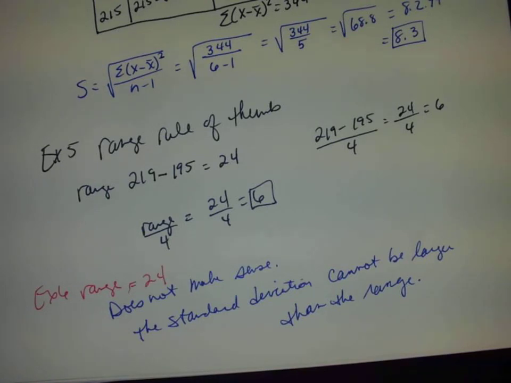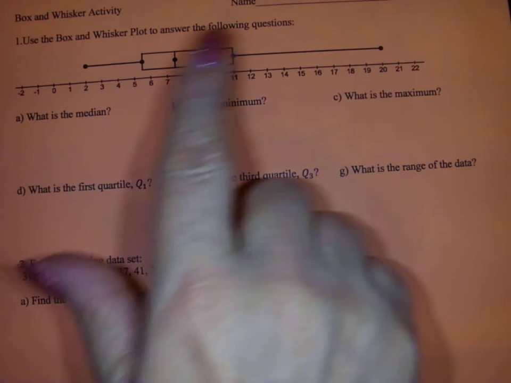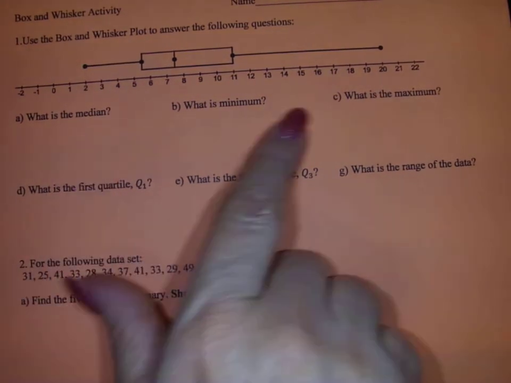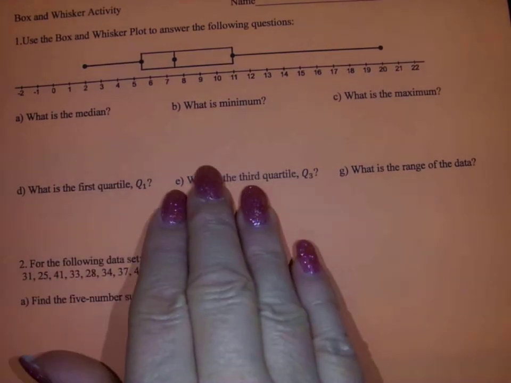So for this section, we have another activity for you to do. We did a box and whisker plot, right? So with box and whiskers, looking at this picture, you're going to figure out what the different parts of your data are.